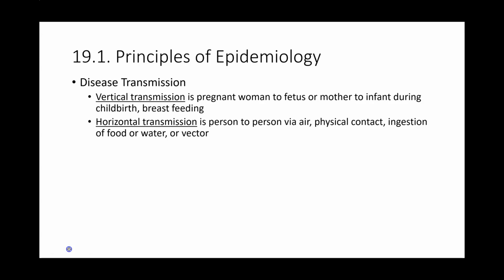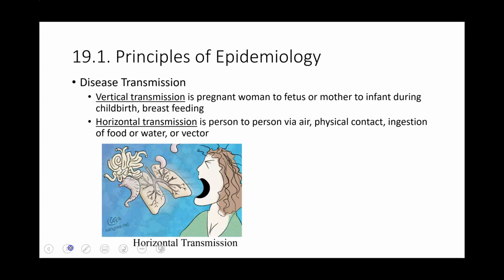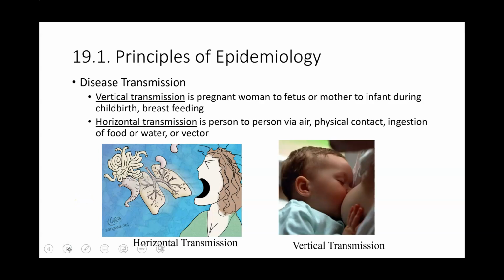Vertical transmission occurs from mom to her offspring, or from a pregnant woman to her fetus. Horizontal transfer is person-to-person contact via direct physical touch, through ingestion of food or water, through the air, or via a vector.